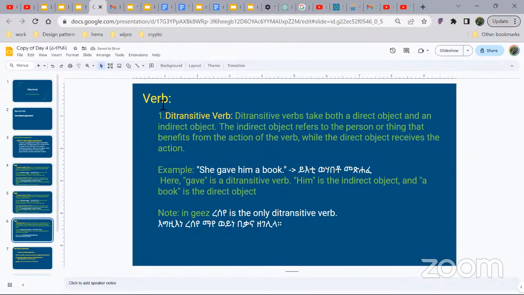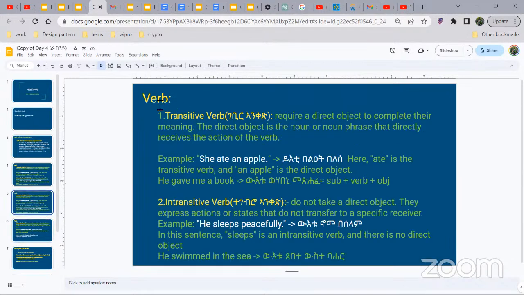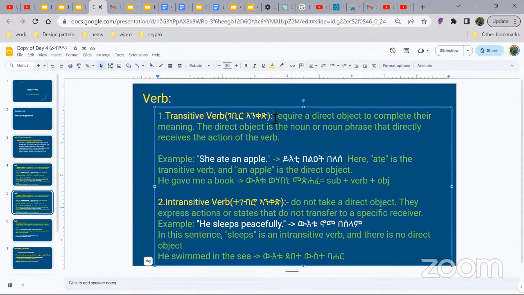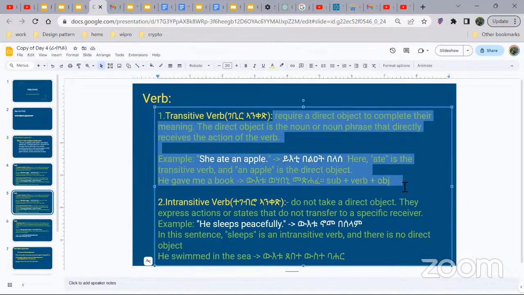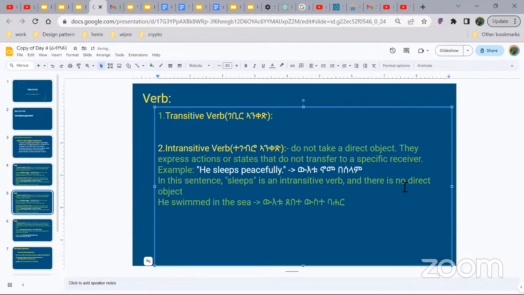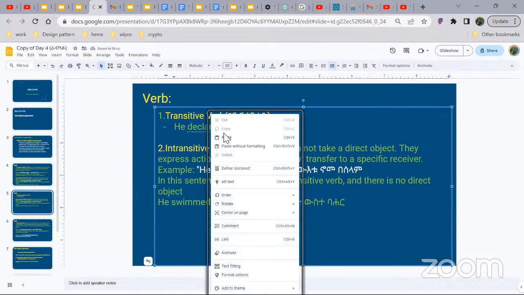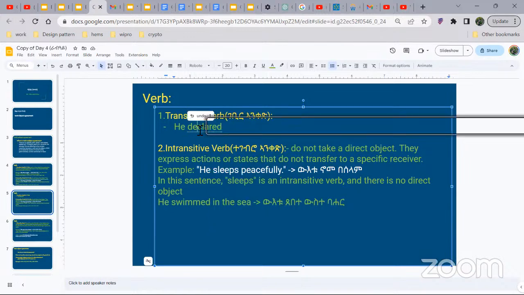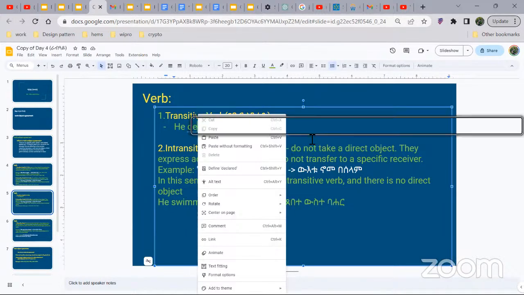Good, examples of the verb, okay. He declared a war. Declared what?